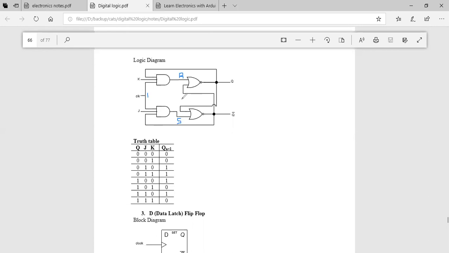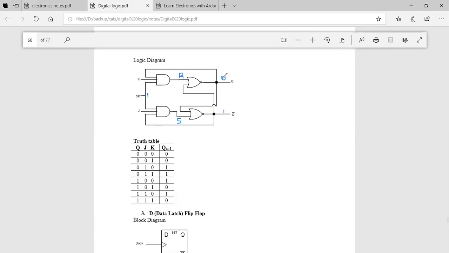So now, let's take the combinations. Q is 0. The first combination is basically 0 here. So you can see that Q is what we have here. And if Q is 0, what is down here? 1.